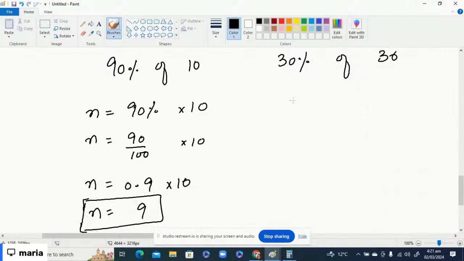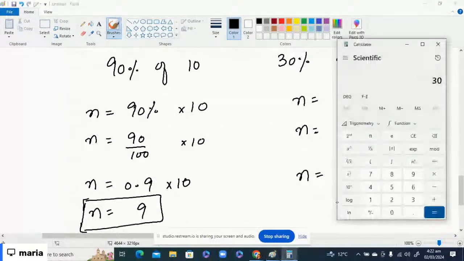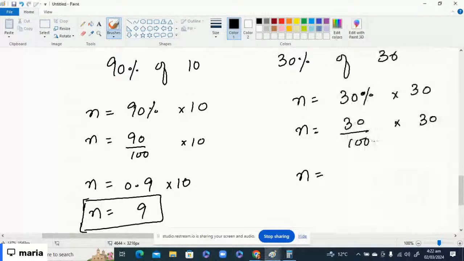30% of 30, n is equal to 30% times 30, then n is equal to 30 divided by 100 times 30. 30 divided by 100, what's the answer? 0.3 times 30.